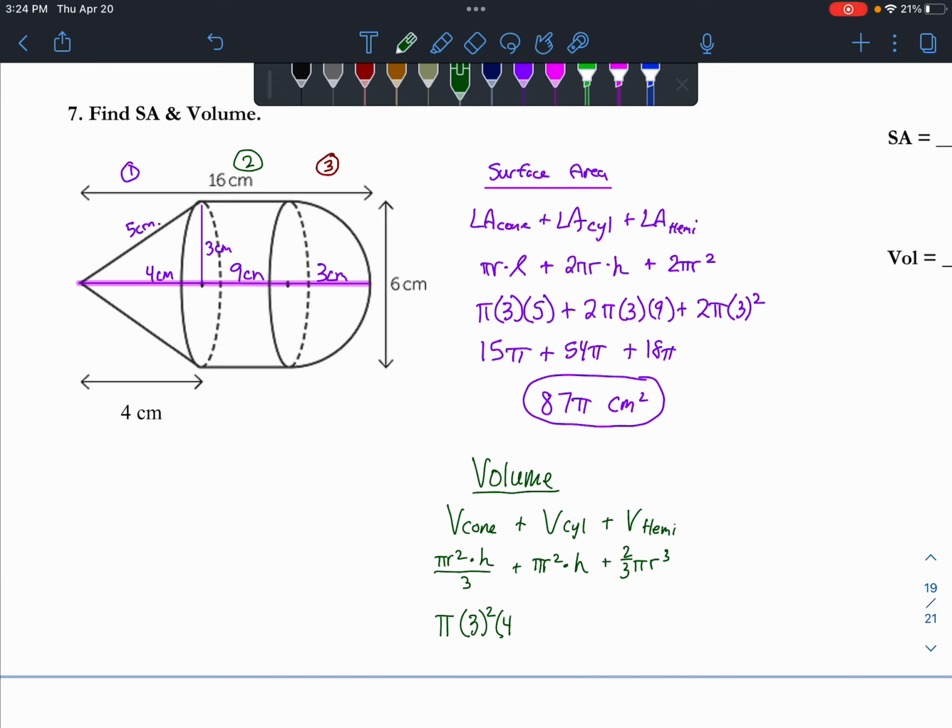Height of your cone was 4. Radius of your cylinder was 3 again. Height of your cylinder was 9. And last but not least, the radius of that final hemisphere was also 3.